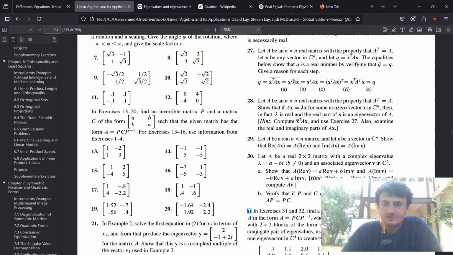But now this is equal to this, because if you have x transpose, this is going to be a row vector.